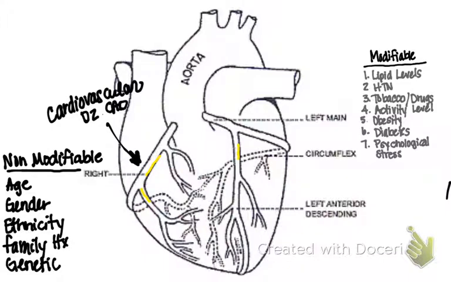If you're overweight, losing weight. Diabetes, that just means sometimes that's not modifiable in that you can't control if you have diabetes, but it is modifiable in that you can be compliant. So that's why it's on the modifiable list. And then psychological stress is also modifiable. So again, back to your stress management.